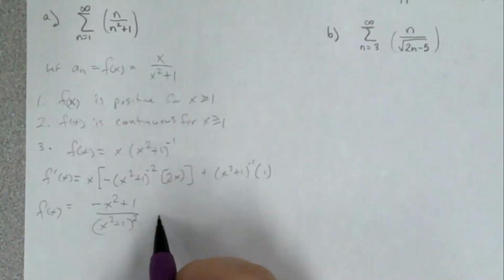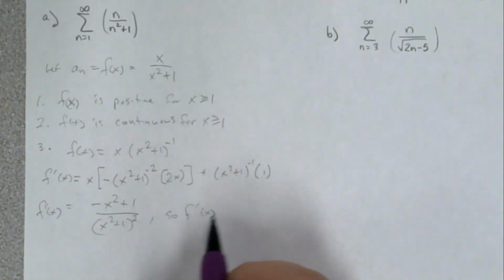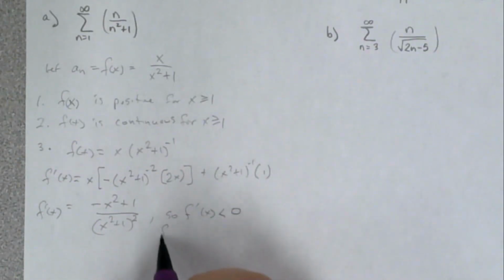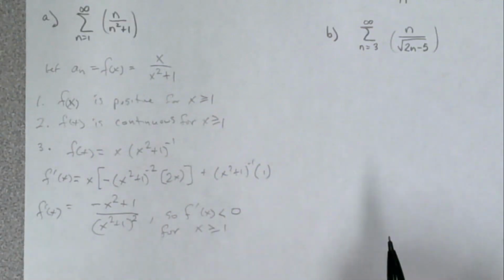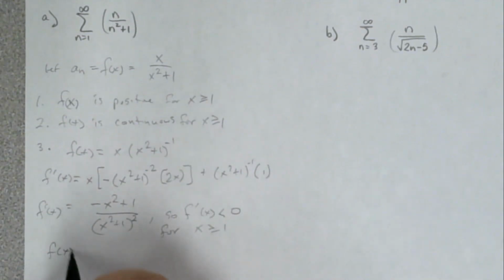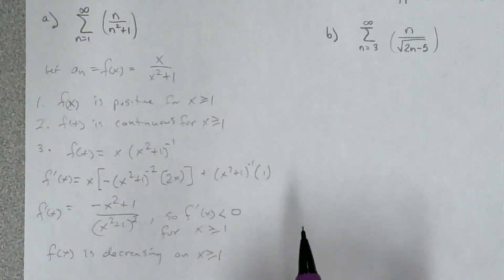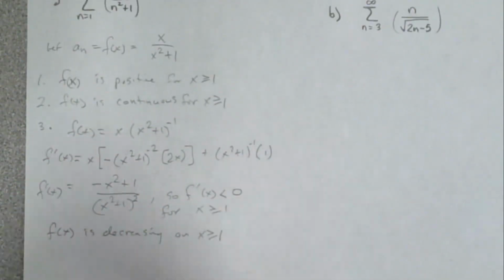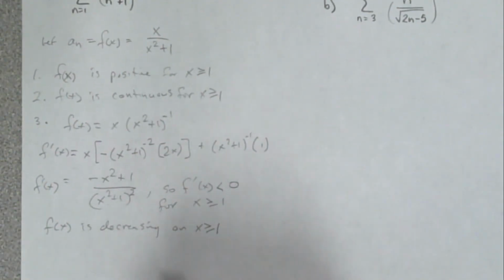So I can conclude that f prime of x is less than 0 for x greater than or equal to 1, which means f of x is decreasing on x greater than or equal to 1. So does the integral test apply here? Can I use it for this? And the answer is yes.